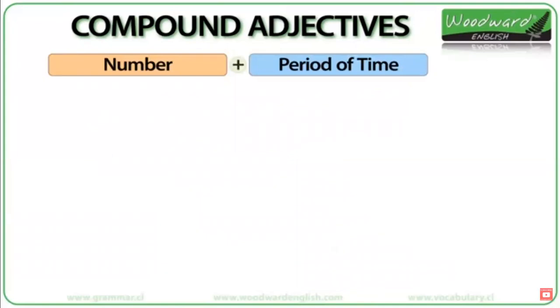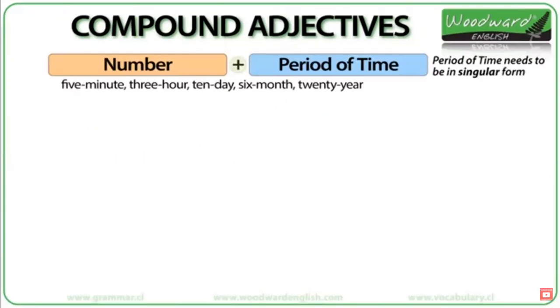The compound adjective is made with a number plus a period of time. Some examples include 5-minute, 3-hour, 10-day, 6-month, 20-year. It is important to note that the period of time needs to be in singular form. 5-minute without an S, not 5 minutes.